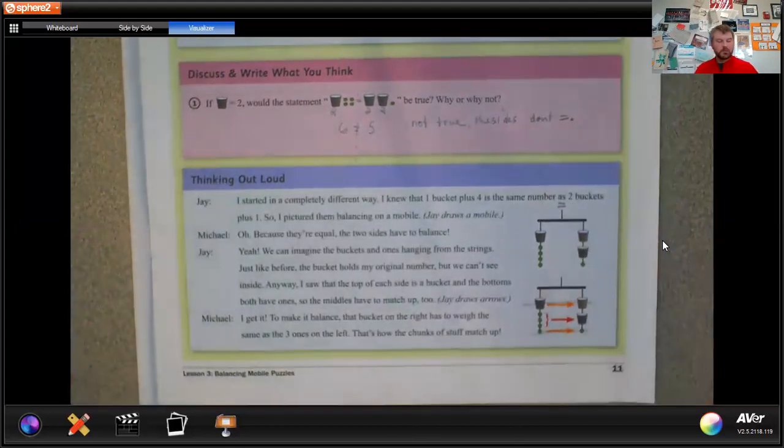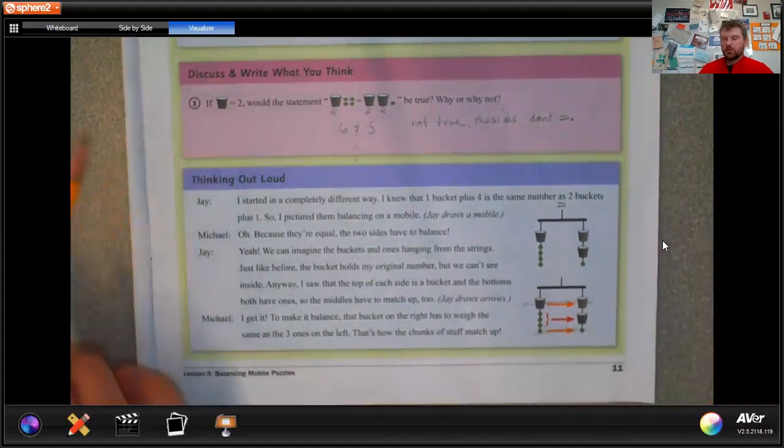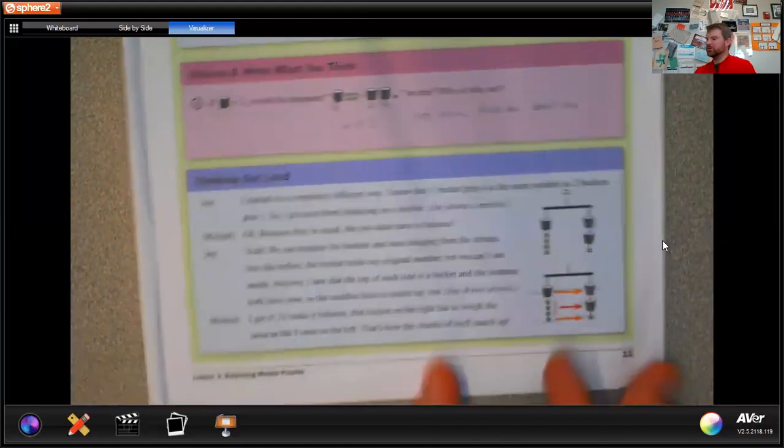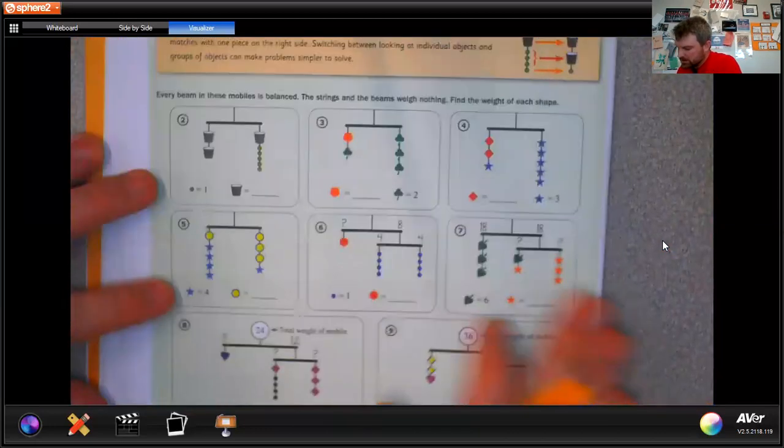Okay, so we're going to start some mobile puzzles here, and instead of just using buckets and marbles, we're going to start transitioning into some other shapes. So if we flip the page here, let's just look at some of these.